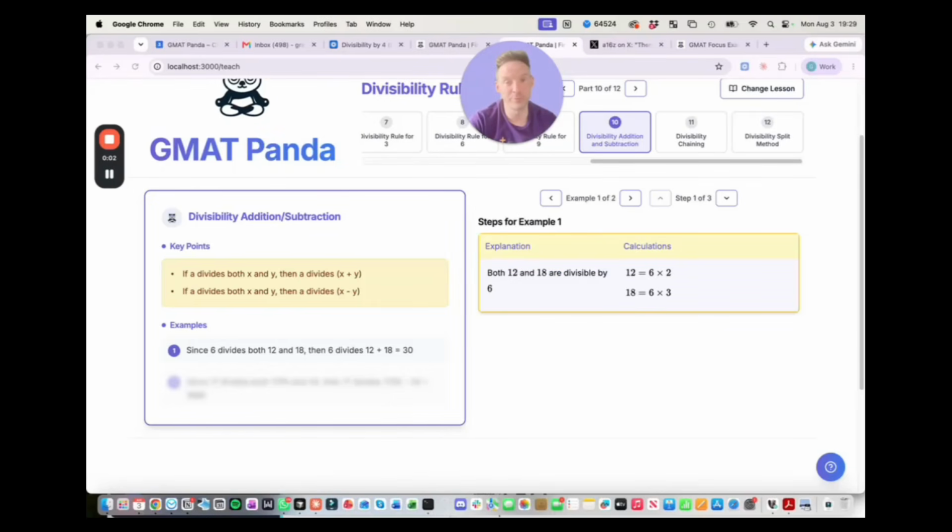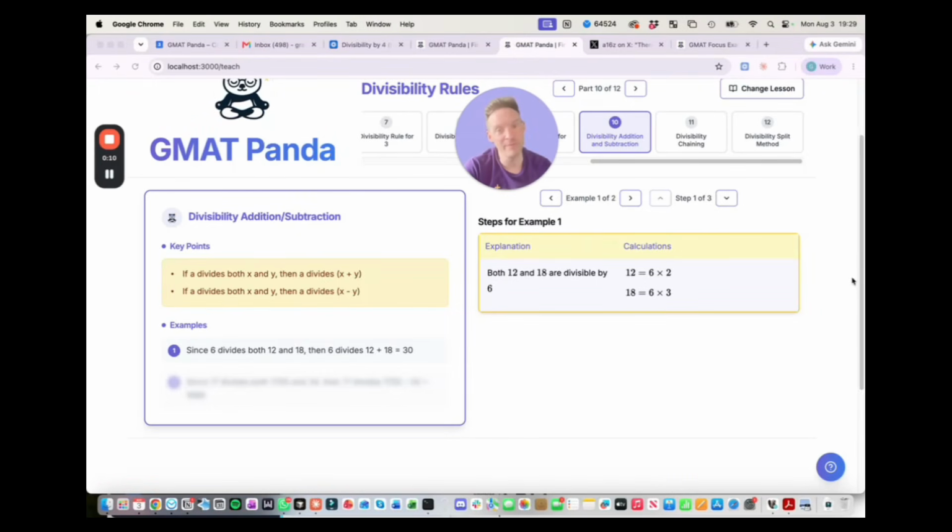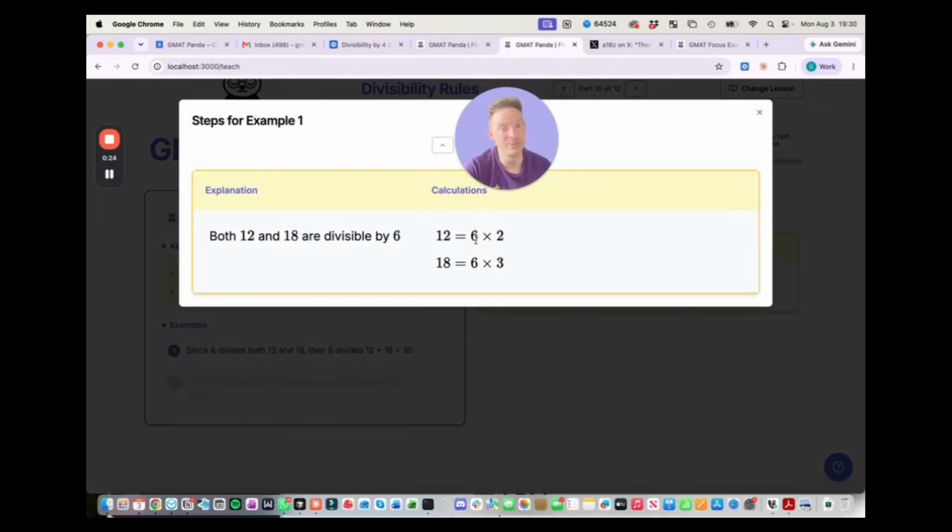There's a useful property or trick that we can use for divisibility, and that's the following. When we have two numbers, in this case 12 and 18, we know that they're both divisible by 6, right? So we can write 12 equals 6 times 2, and we can write 18 as 6 times 3.